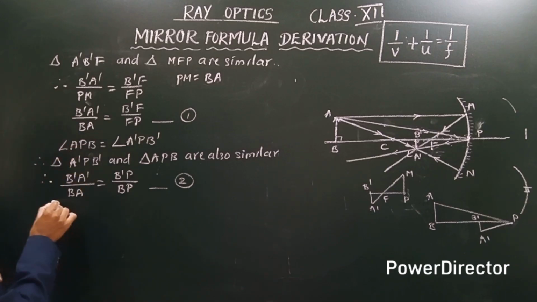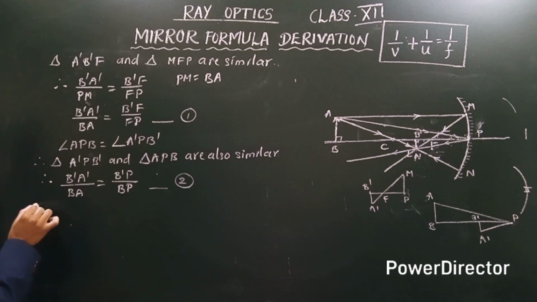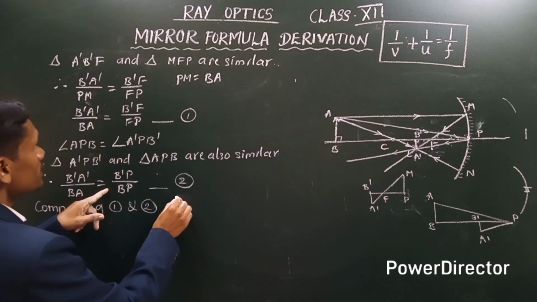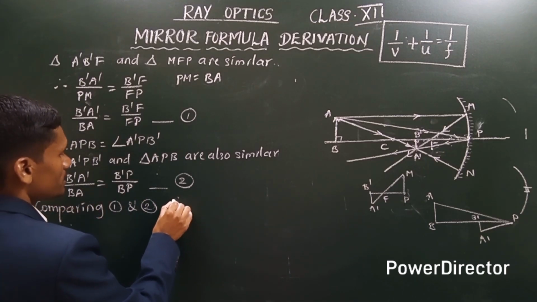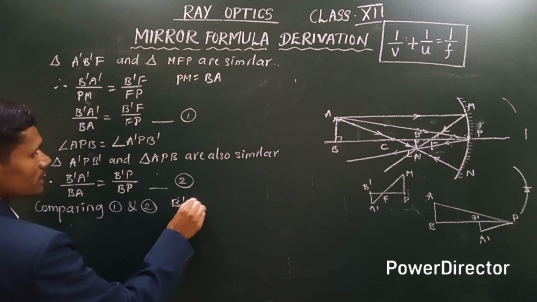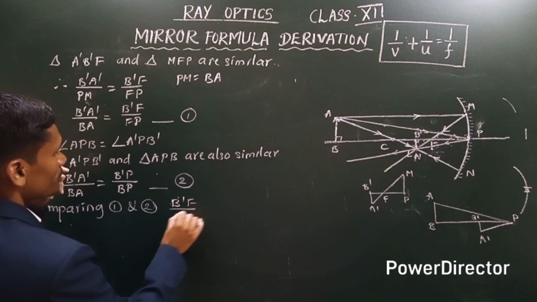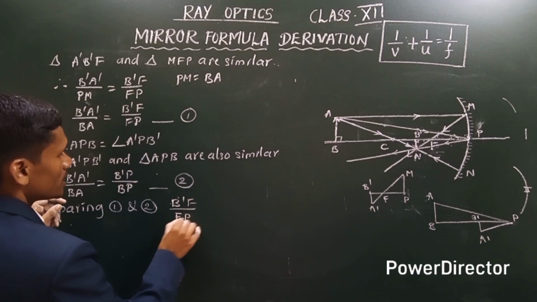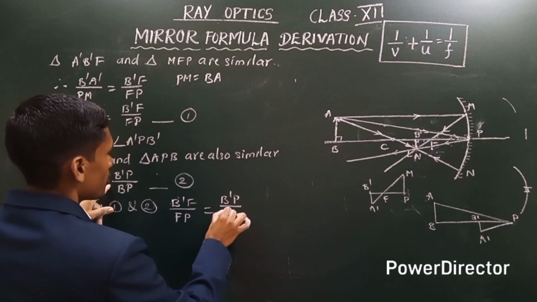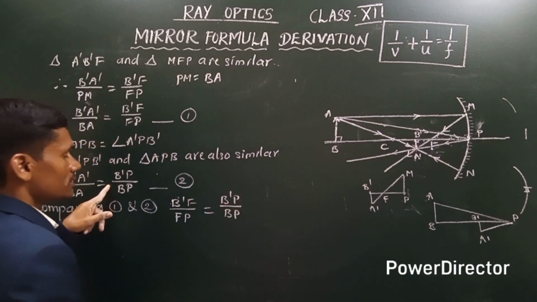Equation 2 we got. Now comparing this and this, both the factors are equal, right? That is why comparing equation 1 and 2, what do we get here? Both the equations, when you compare, we are getting like this: B dash F upon FP will be equal to B dash P upon BP, right?